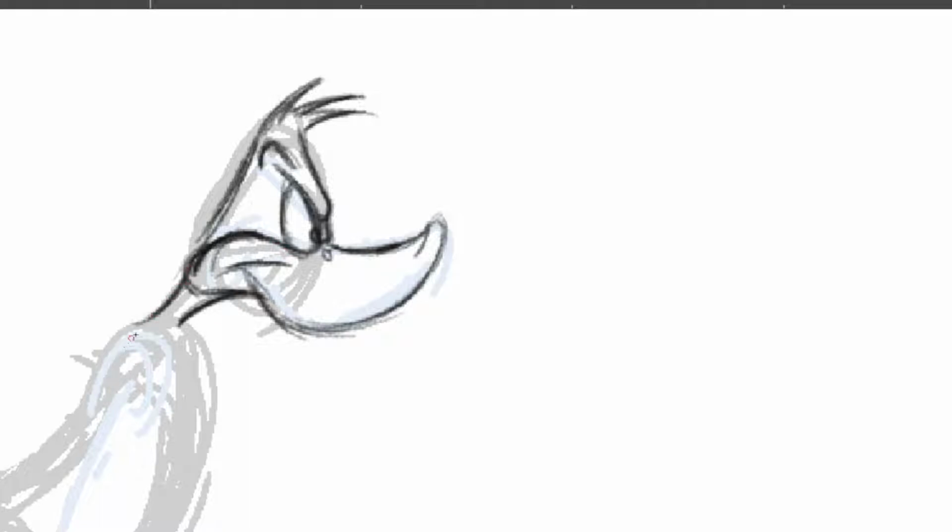So, the thing about a lot of Looney Tunes characters is there's not much parallel in them. There's a lot of conflicting lines. So take this for example with the neck. You've got these two curves here intersecting. Instead of doing it like that, that looks bad. Or I was about to undo.